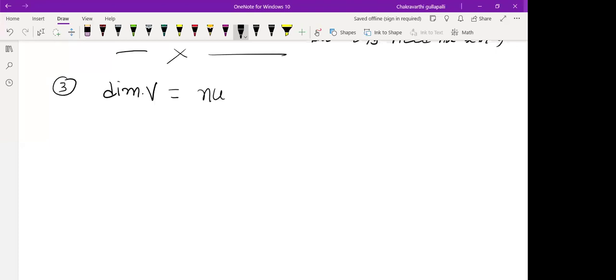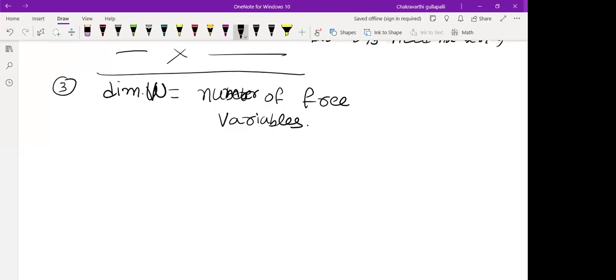If it is given with a condition, dimension of W is equal to the number of free variables, whether it is W or V, anything. This is another methodology of finding dimension.